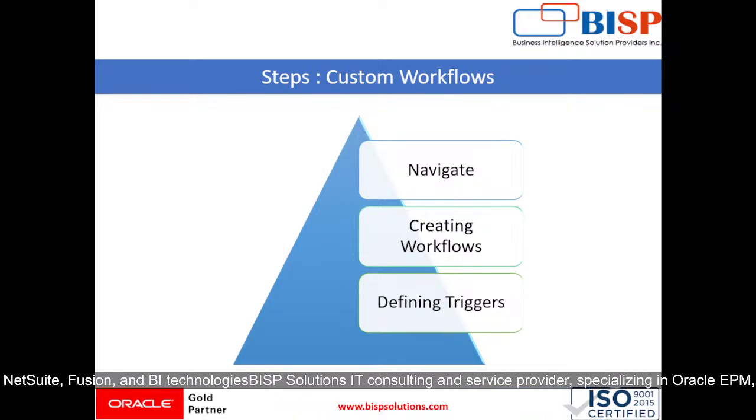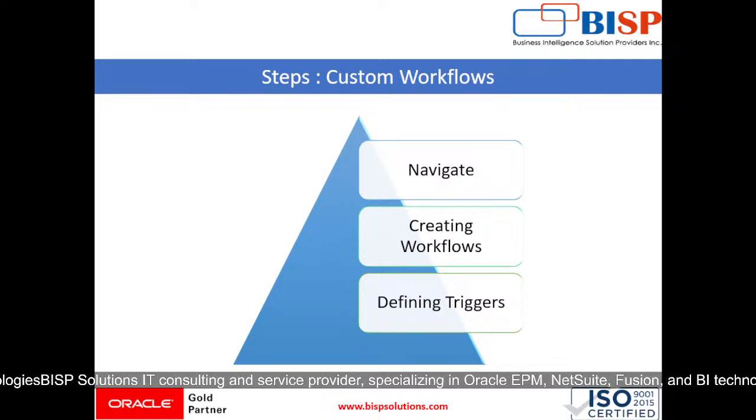Then we create workflows that can automate tasks like sending approval requests, updating fields, or creating records based on user action. For example, when a sales order is approved, update the shipping status. Then we define triggers, for example on record creation or update; conditions, for example when a field value is set to approved; and actions, for example sending an email or updating a field.